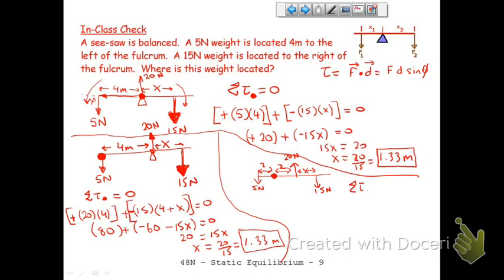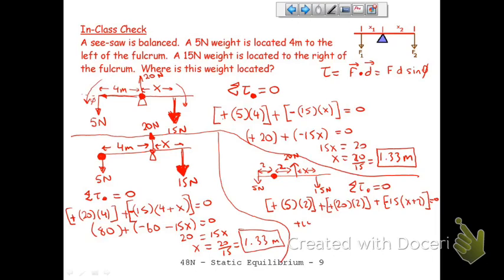Say the sum of the torques about my turning axis is equal to 0. So it's going to be 5 times 2, and that's going to cause a counterclockwise torque, which is positive, added to 20 times 2, which causes a counterclockwise torque, which is positive, added to 15 times x plus 2, which causes a clockwise torque, which is negative, equals 0.